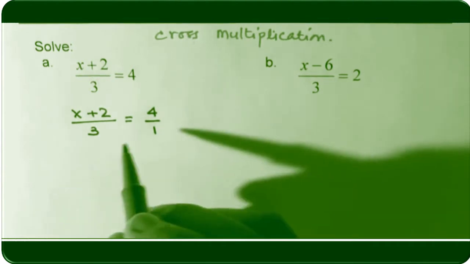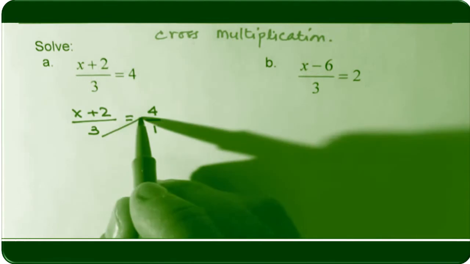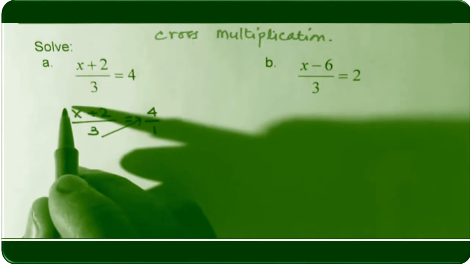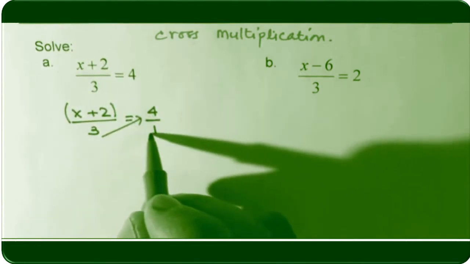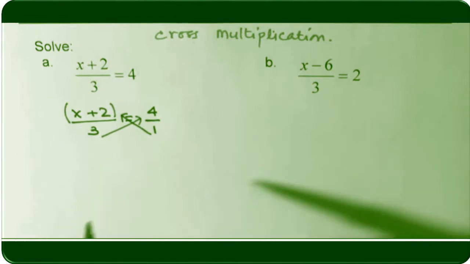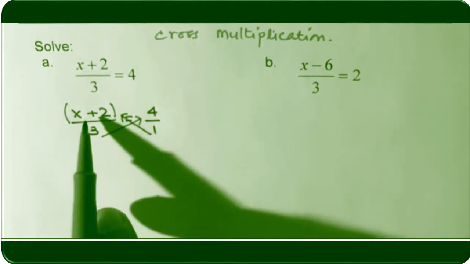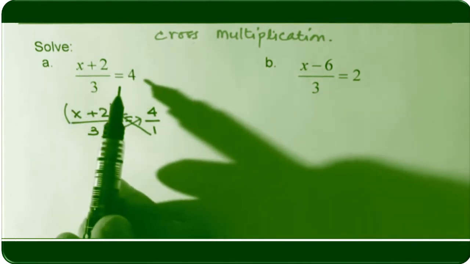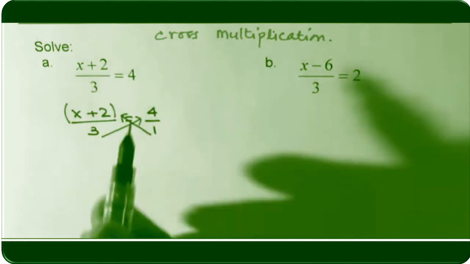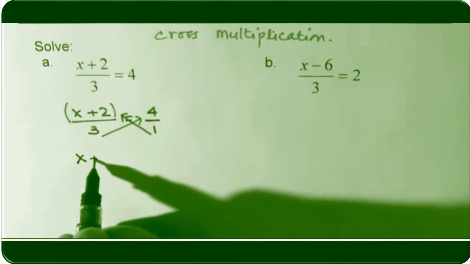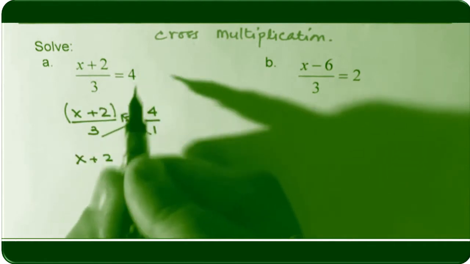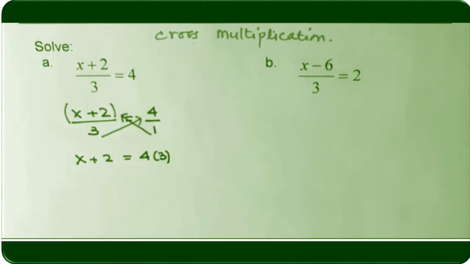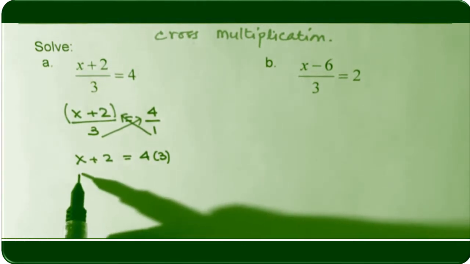Cross multiplication means this 3 gets multiplied with the term on the right side, and the whole term on the left gets multiplied by 1. That means it remains the same. So we are left with x plus 2 on the left side, and on the right side we get 4 times 3 or 3 times 4, one and the same thing.